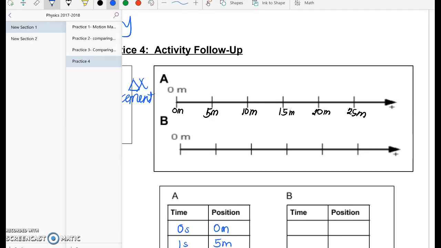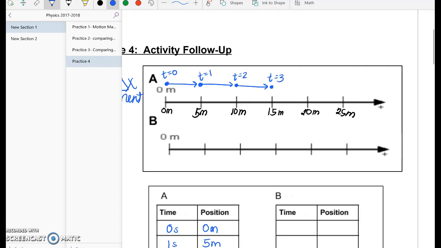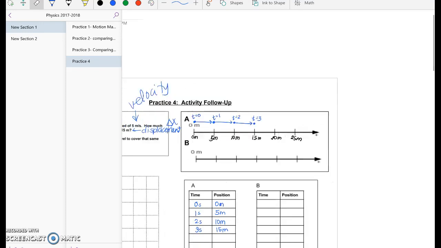And based on our information, he was at 0 at t equals 0. And then he moved to 5 meters after 1 second, he moved to 10 meters after 2, and he reached 15 meters at time 3. Perfect.